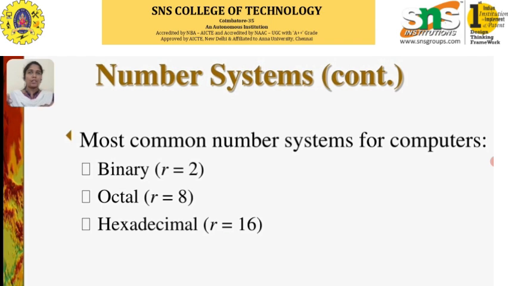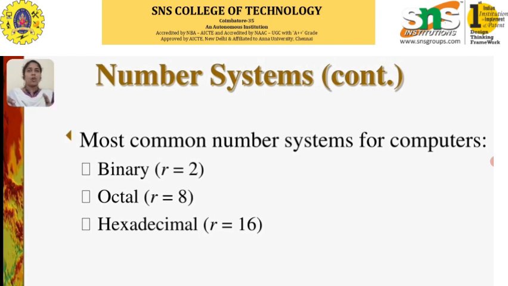The structure is such that each digit position corresponds to a power of 10, with positions to the left of the decimal point representing whole numbers, for example 10 power 0, 10 power 1, 10 power 2 up to 10 power 9. Positions to the right represent fractions like 10 power minus 1, 10 power minus 2, and so on.